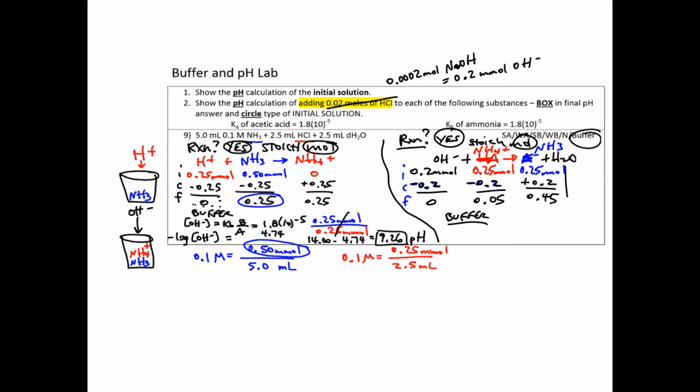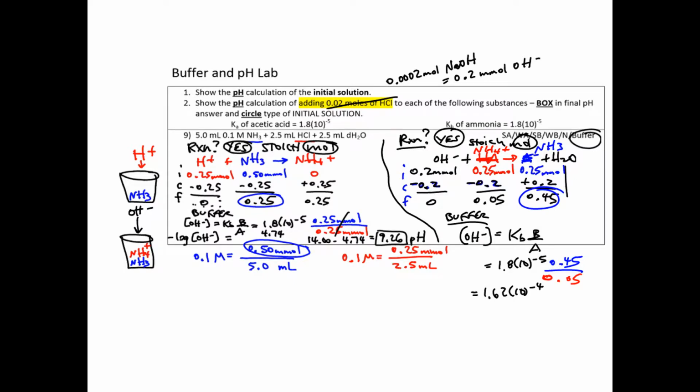Now, buffer, I'm going to use the OH minus shortcut equals KB times B over A. So that's 1.8 times 10 to the minus fifth times the base, which is the 0.45, over the acid, which is the 0.05. And you do that math, and you're going to get an answer of 1.62 times 10 to the minus fourth.